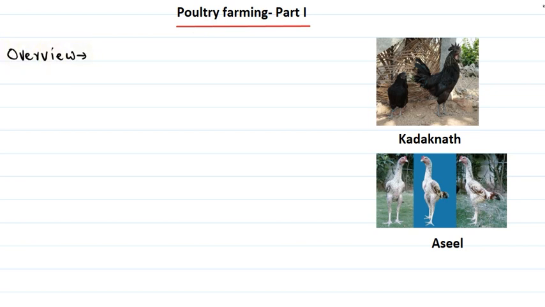overview of poultry farming. So this term, poultry, what does it mean?